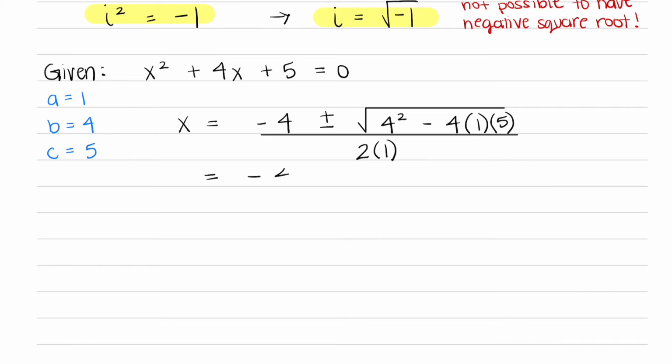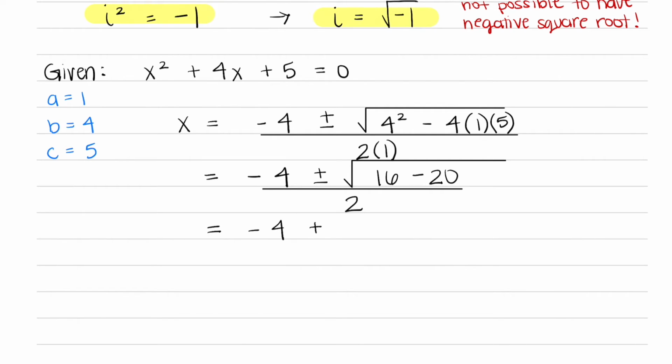So we have -4 plus or minus the square root of 4 squared, which is 16, minus 4 times 1 times 5, which is 20, over 2 times 1, which is 2. We have -4 plus or minus the square root of 16 minus 20, which is -4, over 2.